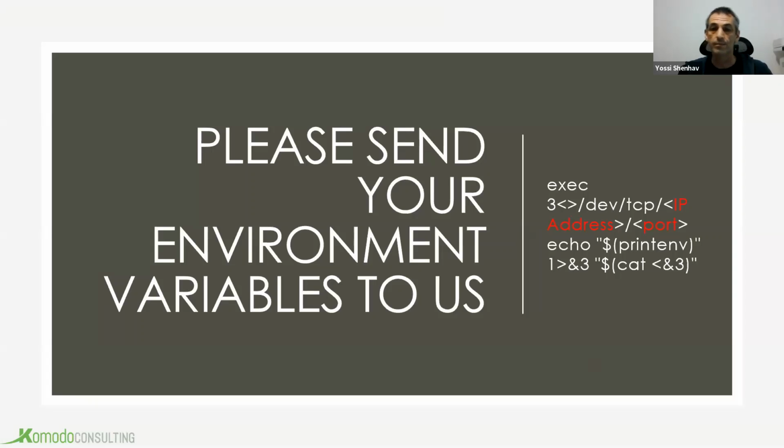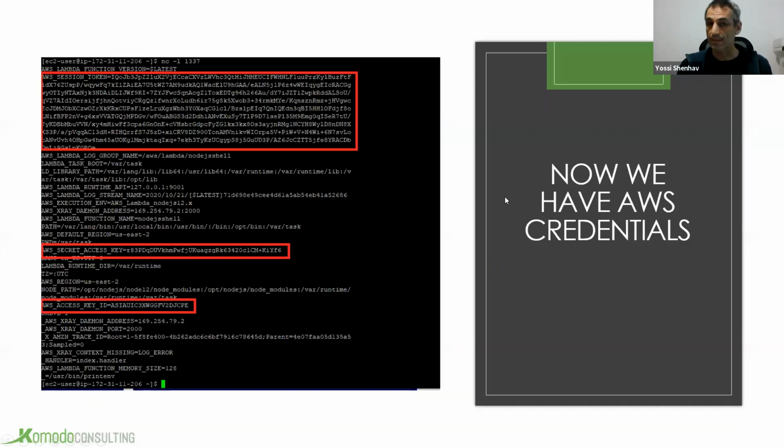So we built this one-liner, which actually politely asks the server to send the environment variables inside the TCP request that it sends. And we got all the information that we wanted on one line, in less than 3 seconds. It was done very, very quickly, and it was disconnected immediately. We didn't care anymore. We got all the information that we needed.